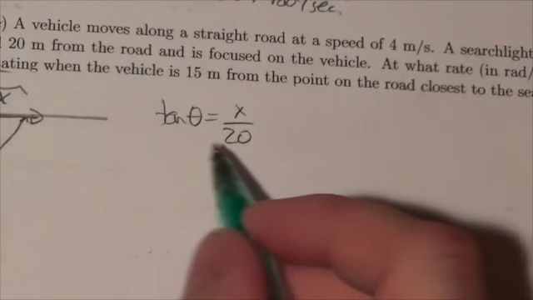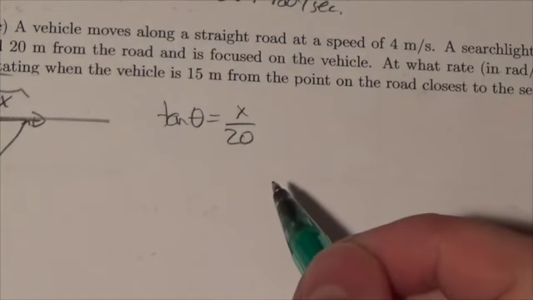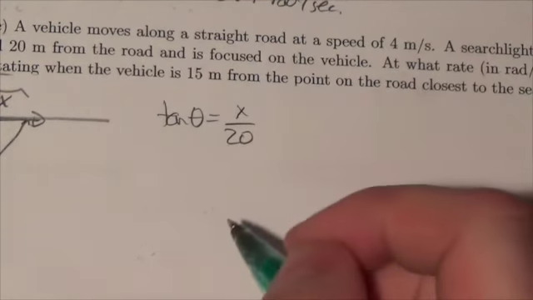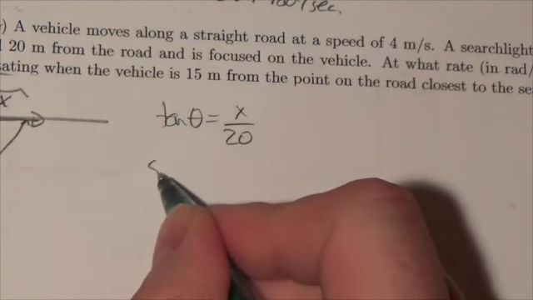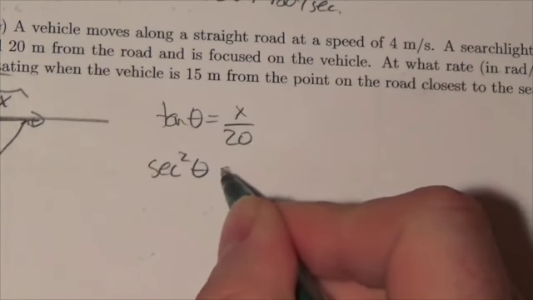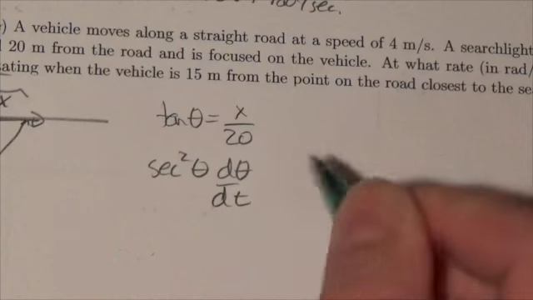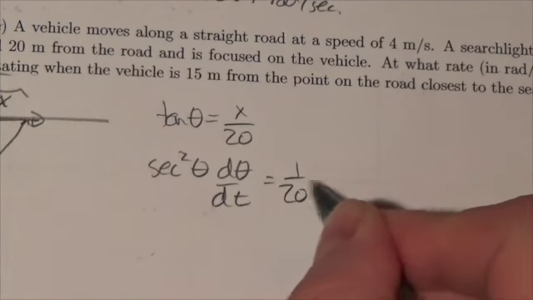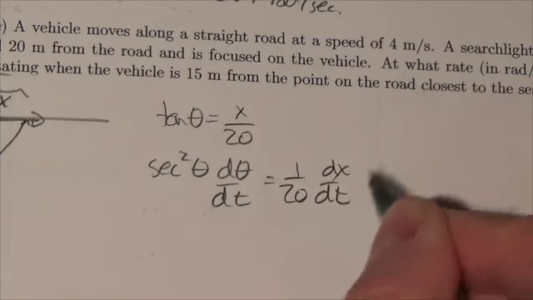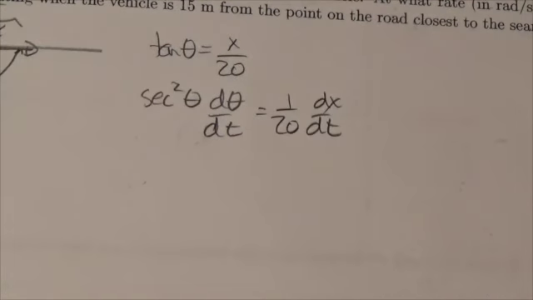Excellent. So now I will take the derivative because I'm interested in finding dθ/dt. The derivative of tangent is going to be secant squared theta times dθ/dt, and that is going to equal 1/20th dx/dt.